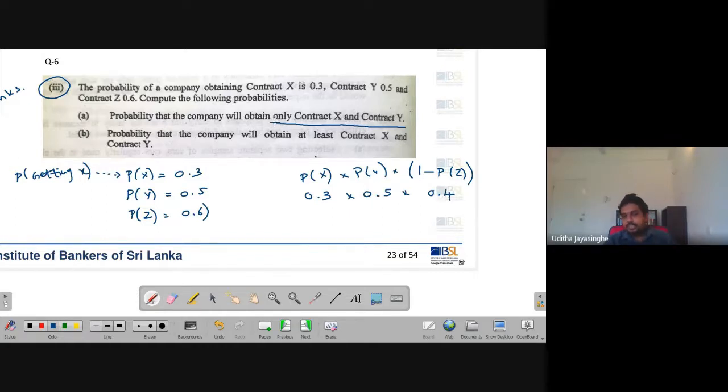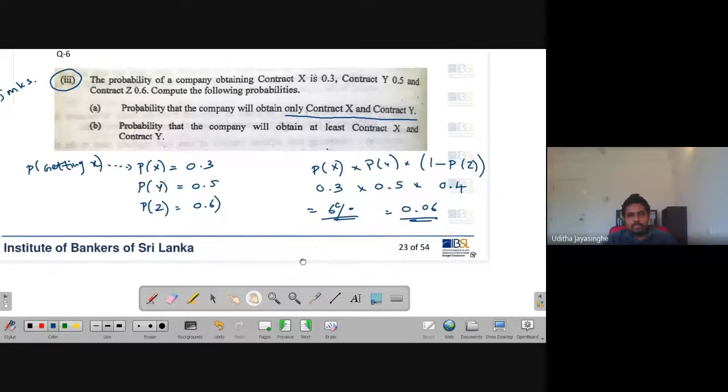The question is asking only contract X and contract Y. So if you do the multiplication, you have to get an answer close to 6%, or 0.06.